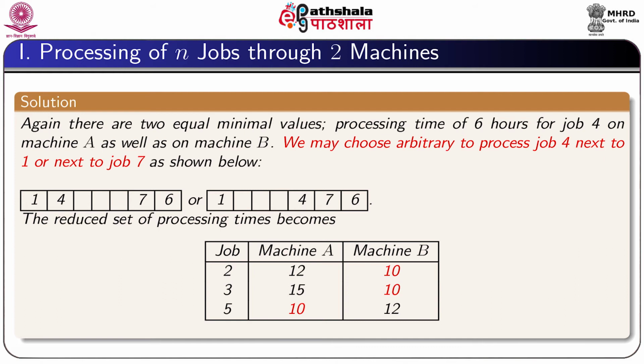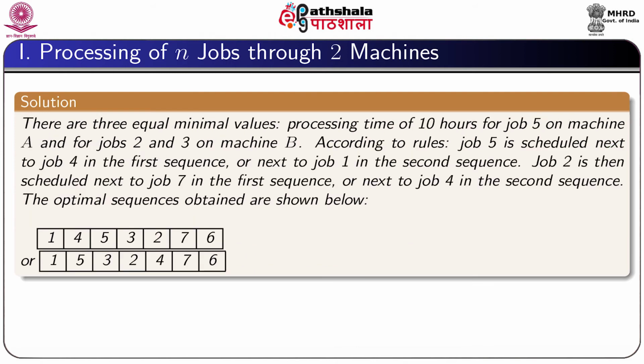We have now 3 jobs, 2, 3 and 5, and the minimum processing time is 10, which corresponds to job 2 on machine B, job 3 on machine B, and job 5 on machine A. According to the rules, job 5 is scheduled next to job 4 in the first sequence or next to job 1 in the second sequence.